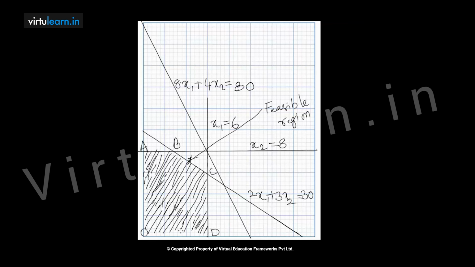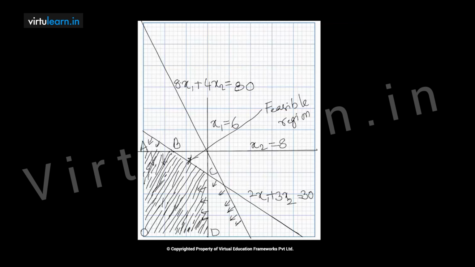But we should always remember how we have decided this region: we have all constraints less than or equal to. Less than or equal to indicates the solution lies behind this, or below this, because there should be less than values, right? Likewise, for this line also the indication is less than, and for this also it is a less than.